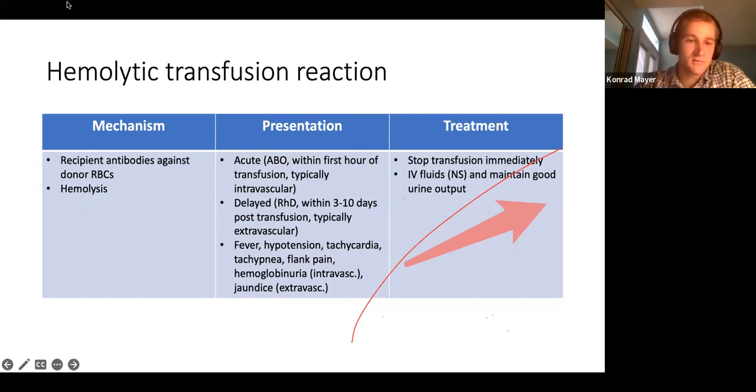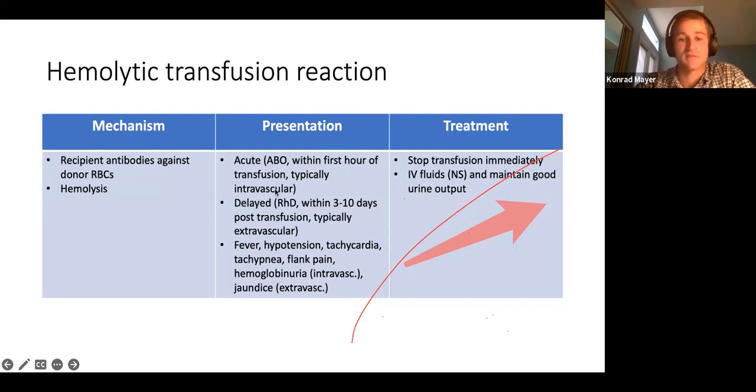So as I mentioned, and as the name says, this results in hemolysis, and it is often acute. So it will happen within the first hour of transfusion. And if it is based on ABO incompatibility, this happens immediately within the first hour of transfusion and intravascularly.